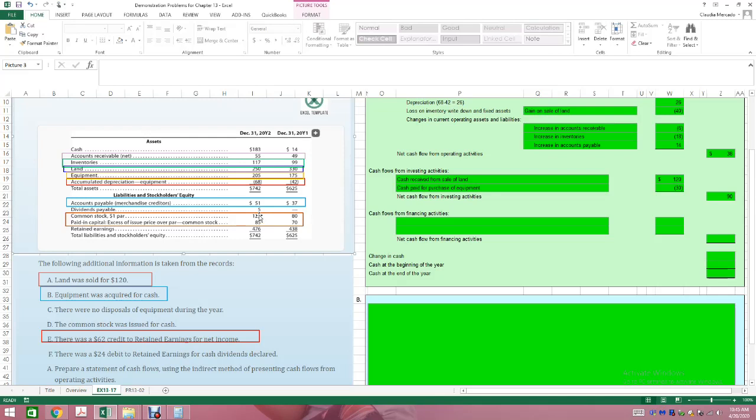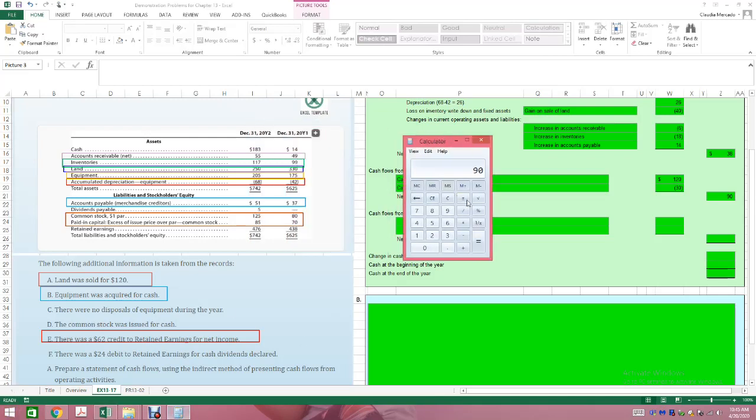Now we have 125. So how much did your common stock account increase by? We ended up with 125. We started off with 80. So my common stock increased by $45. Jot that number down on a piece of paper: $45 that my common stock account increased.